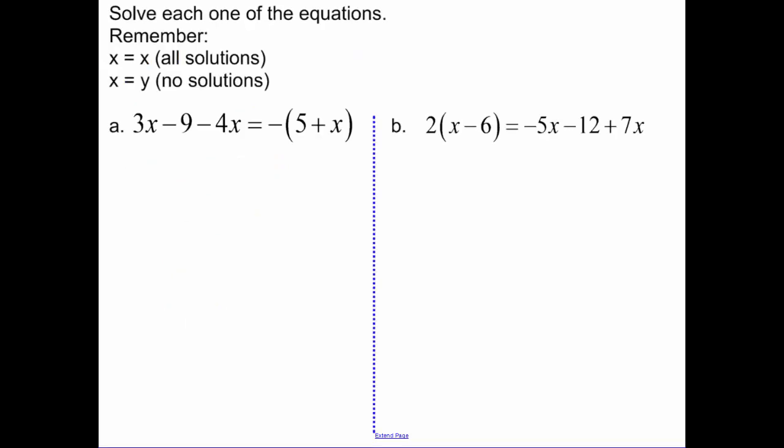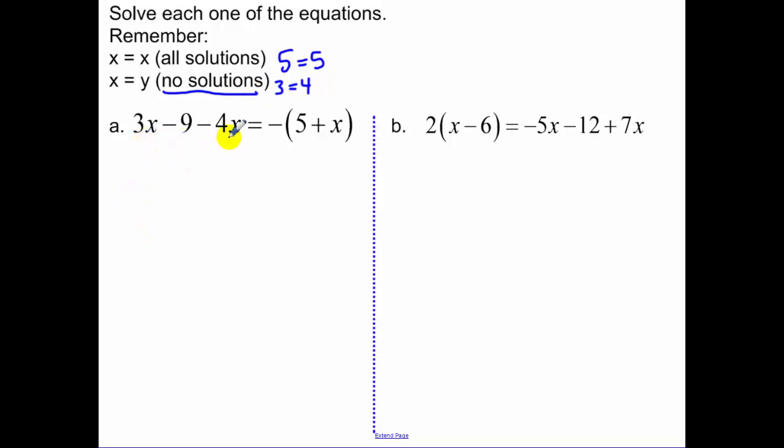Okay, when we're solving equations, sometimes we're going to have special types of equations where either we're going to get all solutions. So if you get something like 5 equals 5, that's always true, so it's all solutions. Or if you get something where two things don't equal each other, like 3 equals 4, that's technically no solutions.